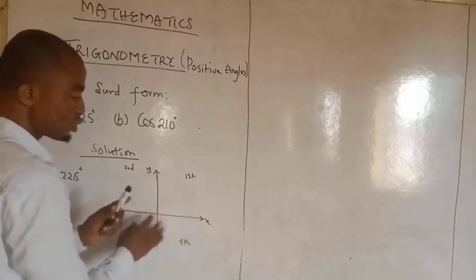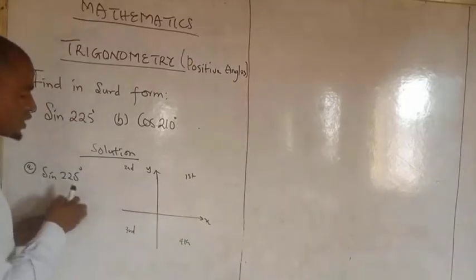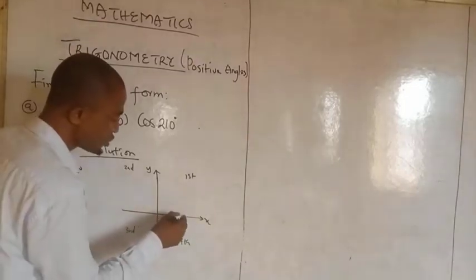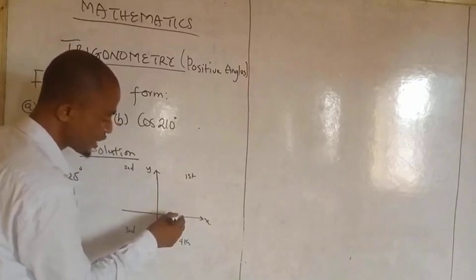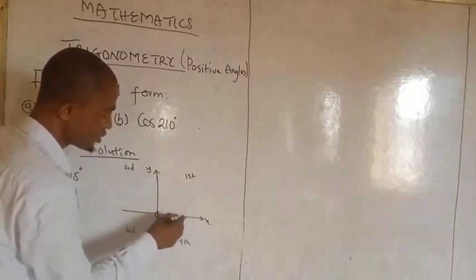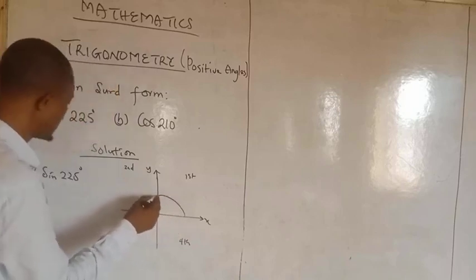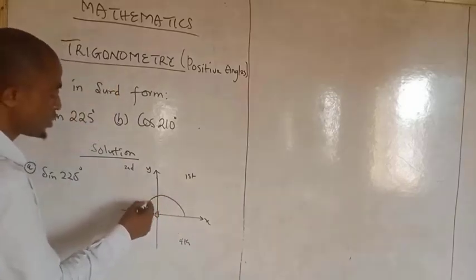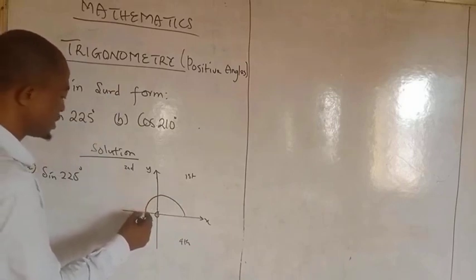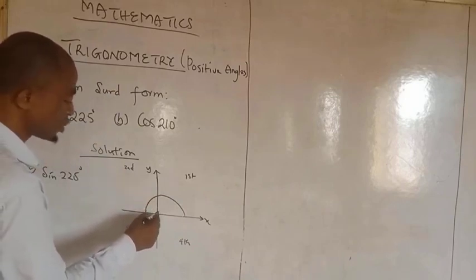So you have 225 degrees. That means you are going to see the rotation like this, starting from x. This is 0, it goes like this. This is 90. I'm moving to 225: 180, then 225 will fall in the third quadrant.